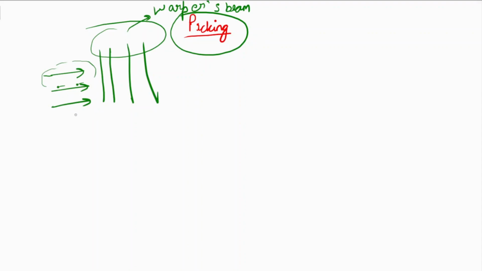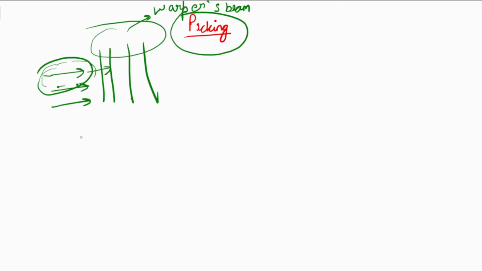The yarn is picked and inserted. So this is the entire mechanism on which the weft insertion mechanism works. So we will see some of the basic aspects that are associated with all these things.